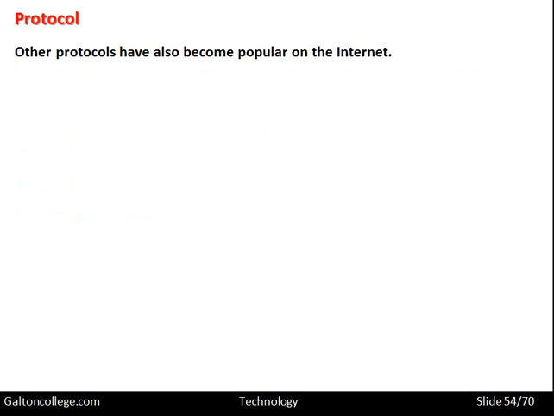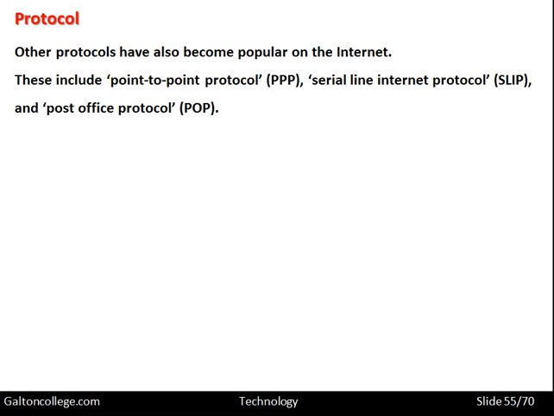Other protocols have also become popular on the internet. As I mentioned earlier, these include point-to-point protocol, PPP, and serial line internet protocol, SLIP. And there's one called the post office protocol, POP. POP is widely used for email purposes.